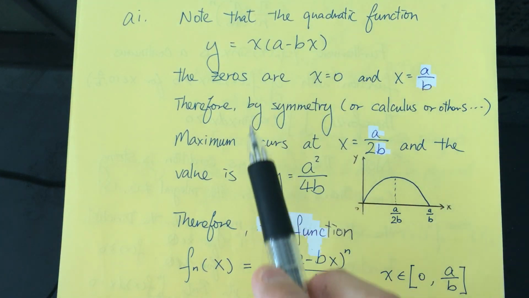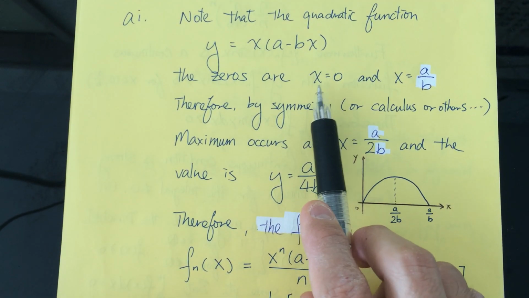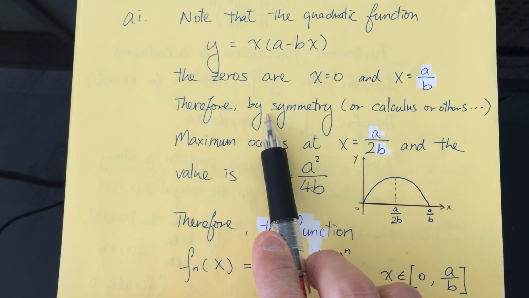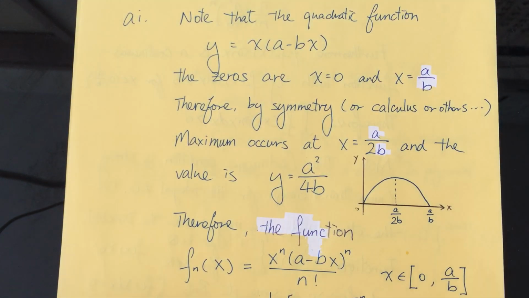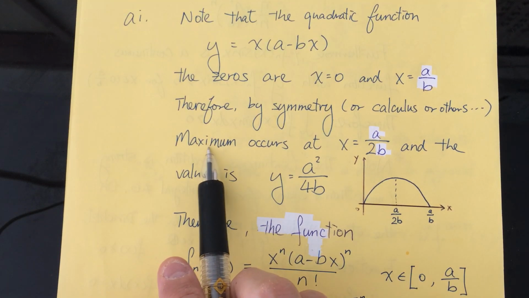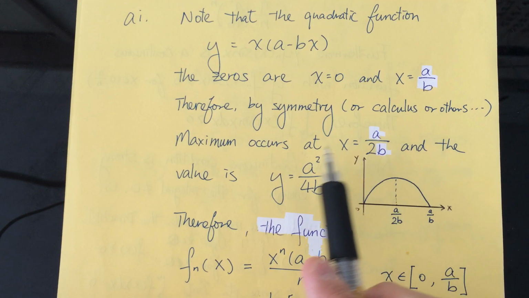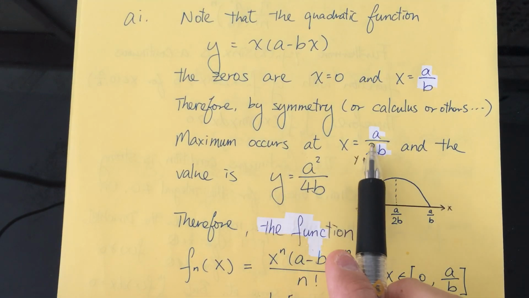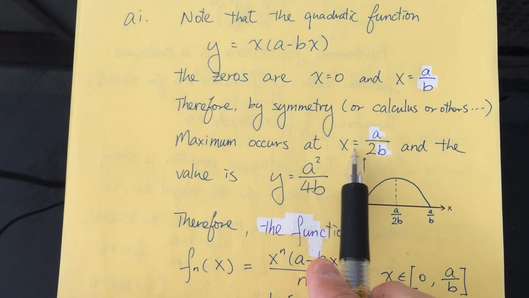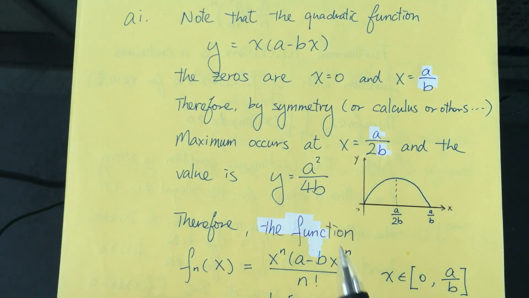By direct substitution and basic algebra, you can check that. And then by symmetry, or you can use differentiation or completing the square, you can find that the maximum occurs at x equals a over 2b, and the maximum value is this one. By directly substituting x equals a over 2b back into the quadratic function, we have this.